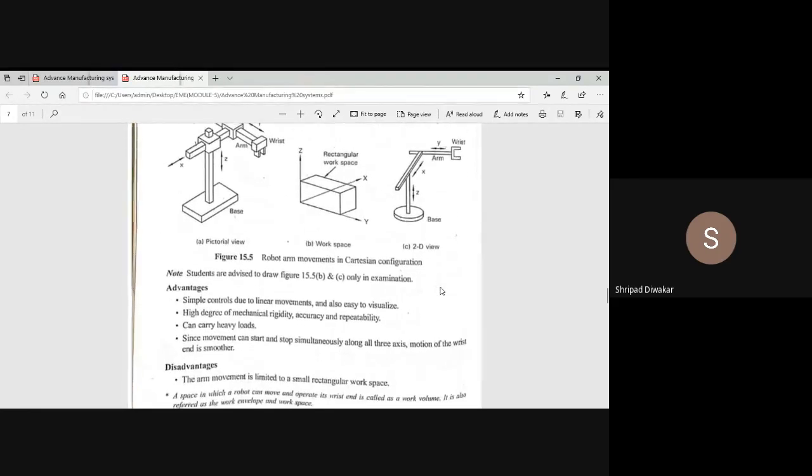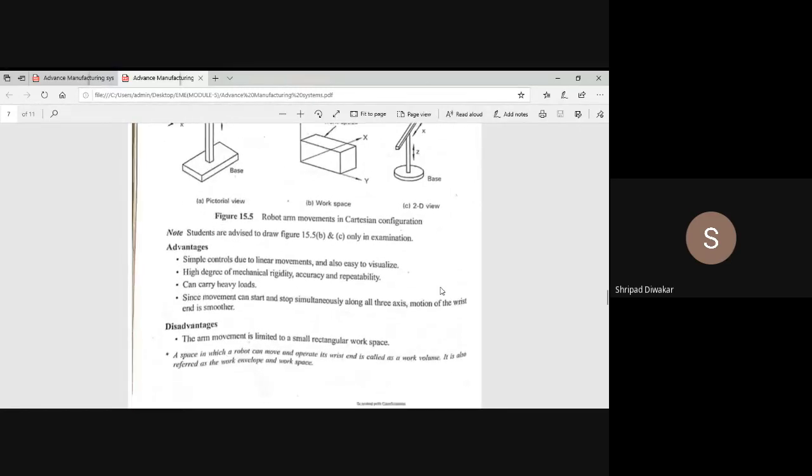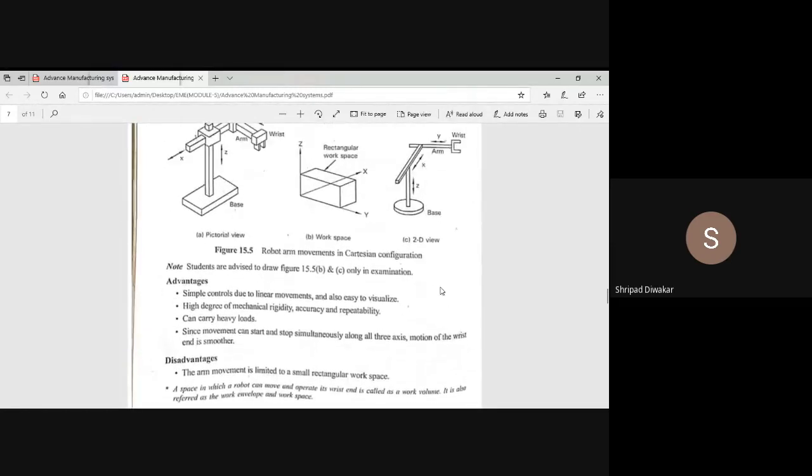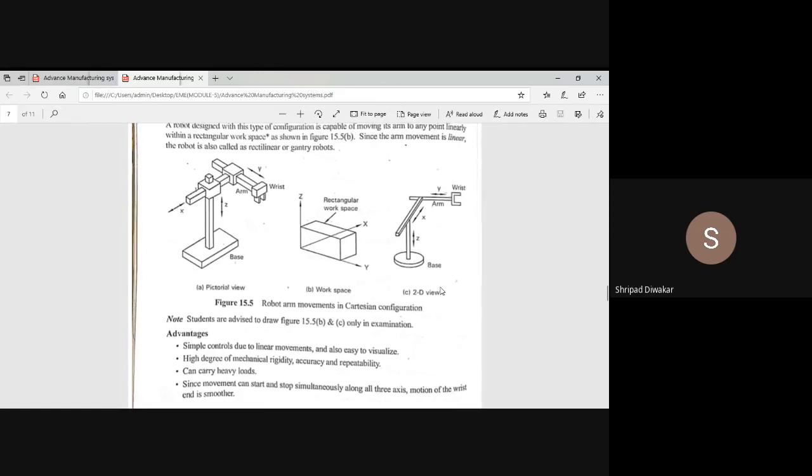Next, what are the advantages of Cartesian coordinates? Advantages: it has very simple controls due to linear movements, because the arm moves in linear directions, x, y and z, and hence it is easy to visualize. It has a high degree of mechanical rigidity, accuracy and repeatability.